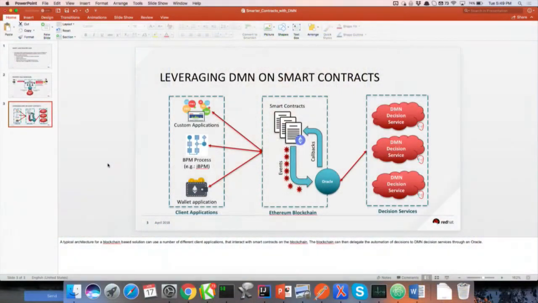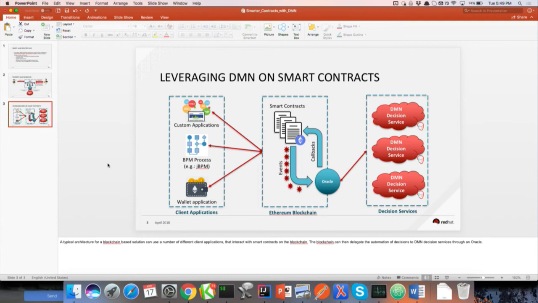DMN as stateless decision services really lend themselves to a deployment architecture that potentializes the value. Smart contracts run in distributed networks by themselves, and they can easily communicate with those services, and it makes for a very easy solution.